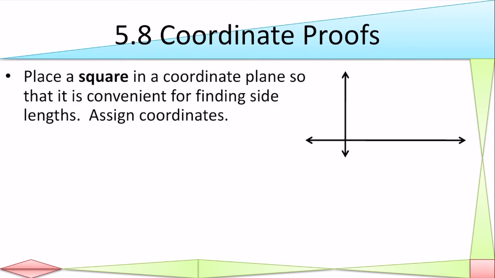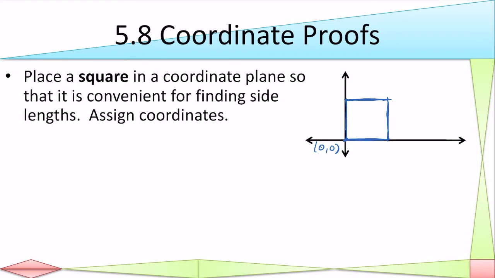So let's place a square in a coordinate plane so that it's convenient for finding side lengths. Then we're going to assign coordinates. So you'll need to draw the axes, and then we need a square. Remember, we want to put one vertex probably on the origin, and then finish drawing our square. If it's a square, what do you know about the sides? That first point is 0, 0, and that one's easy.